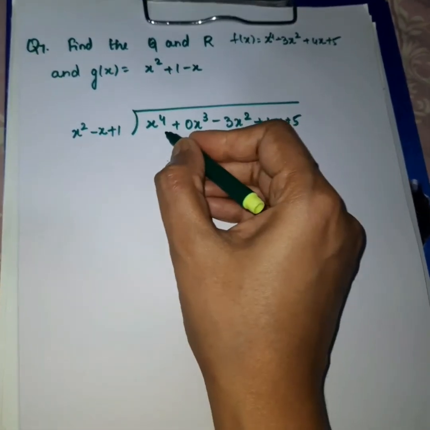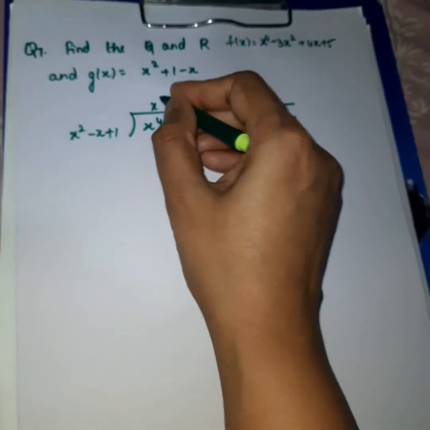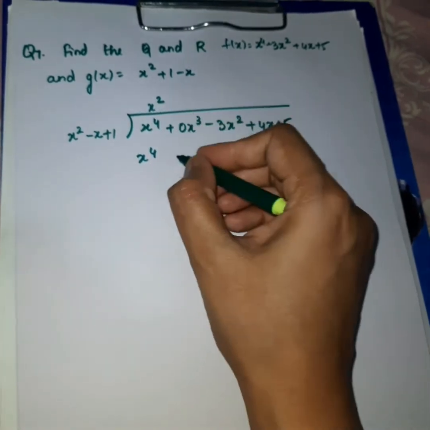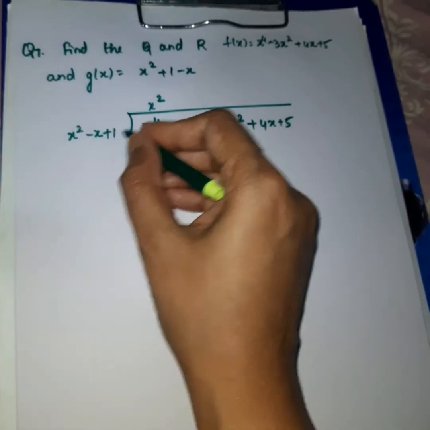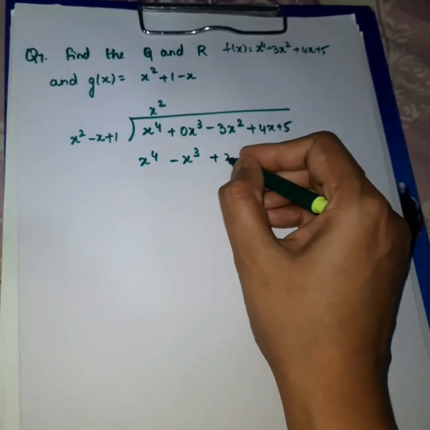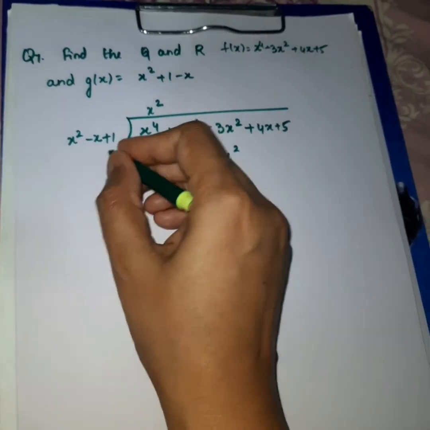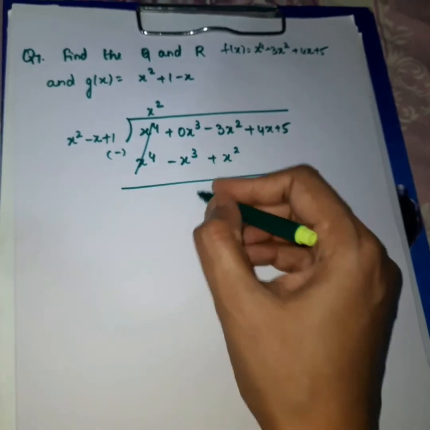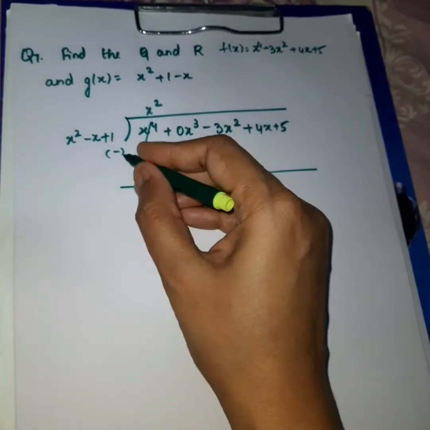So just by adding x square to the quotient, this is also x to the power of 4, minus x into x squared is x cube, that is 1x square. So it's actual division, so subtract. x to the power of 4 goes off.